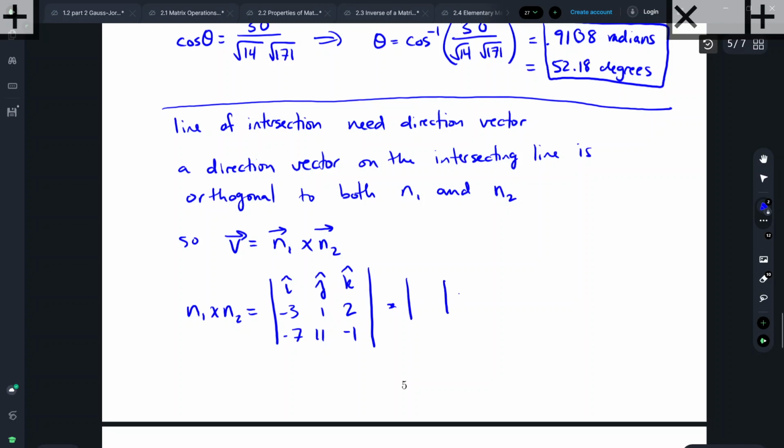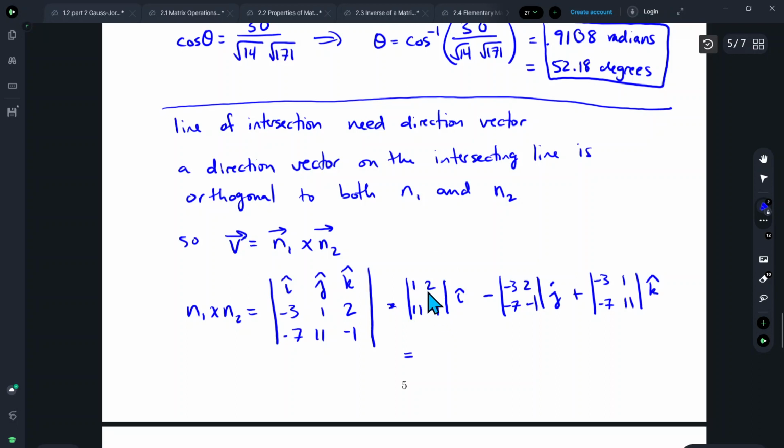For i, you have 1, 2, 11, -1, minus, and then for j, you have -3, 2, -7, -1. And then for k, you have -3, 1, -7, 11.